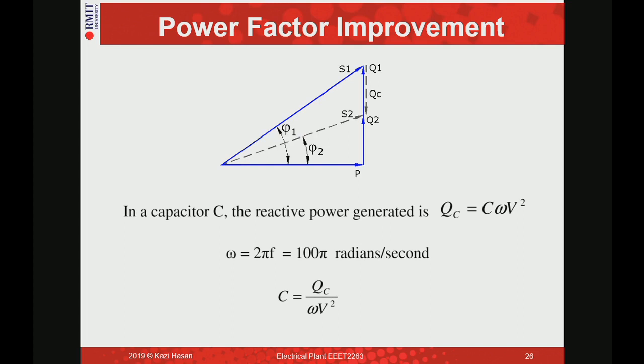So for power factor correction, for QC amount of reactive power, we need to have C amount of capacitance. So this is the way we will calculate how much power factor correction we need and how much capacitance we will need to have.